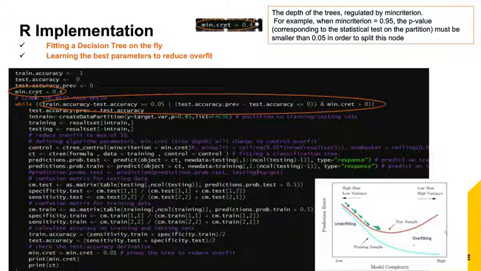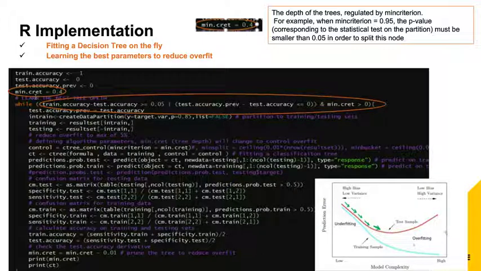So I have two kinds of predictions, and I'm constructing a confusion matrix built on these two sets of predictions. Just to recap, I'm trying to predict the label of the flower on the training set, and I'm trying to predict the label of the flower on the testing set.